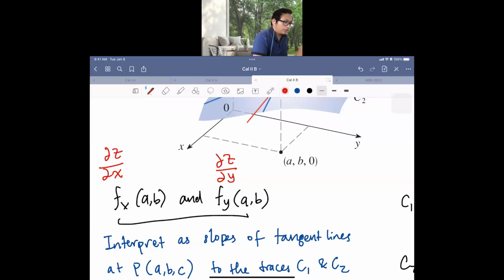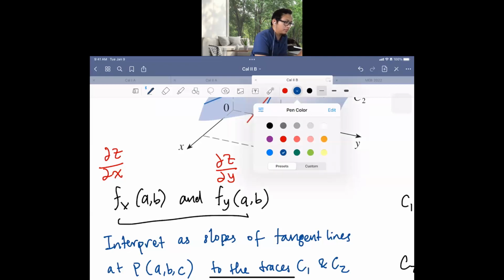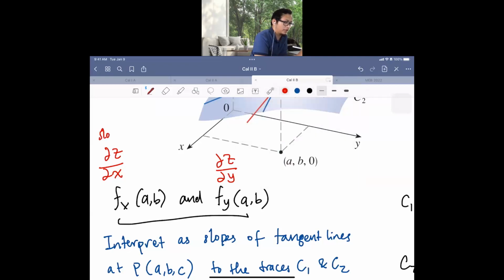Or we can also add that this is slope in x-axis direction. This is slope in y-axis direction.